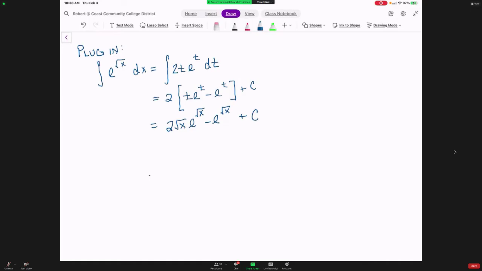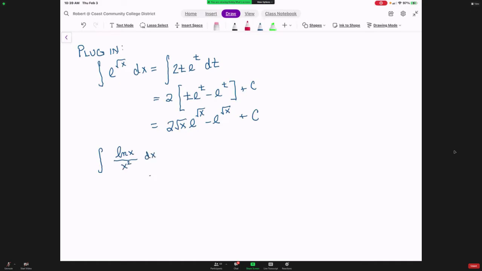Okay, here we go. So the integral of the natural log of x over x squared dx.